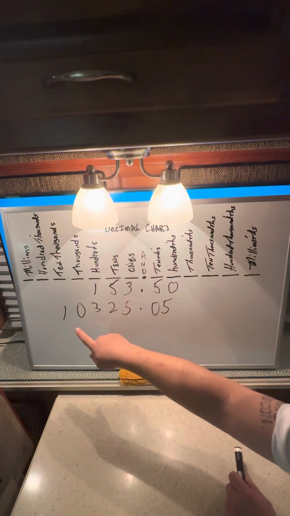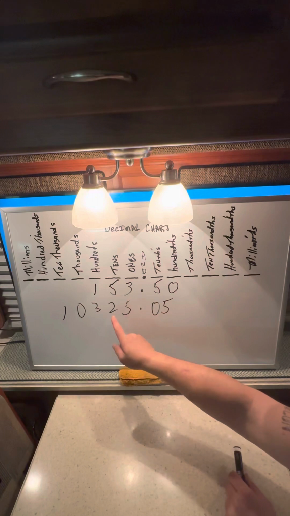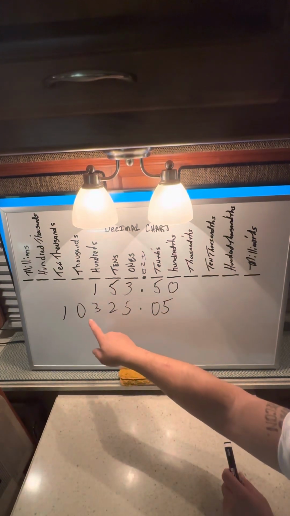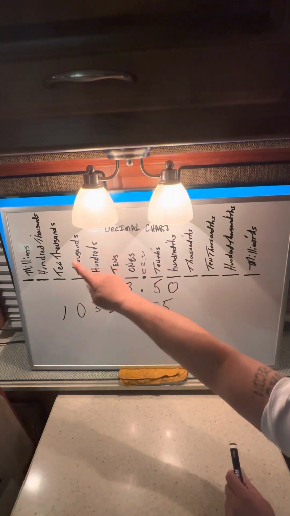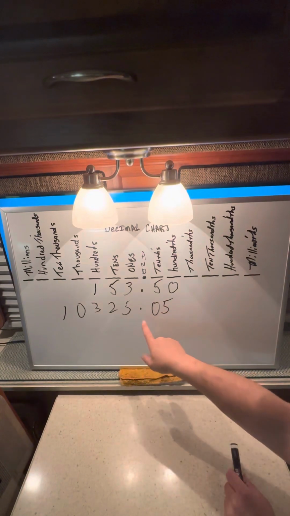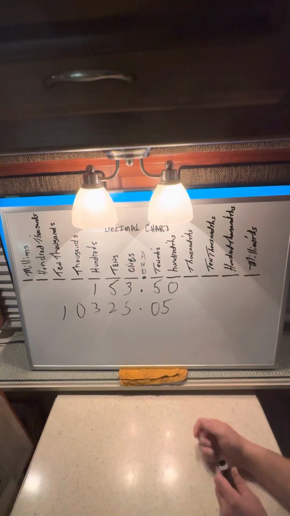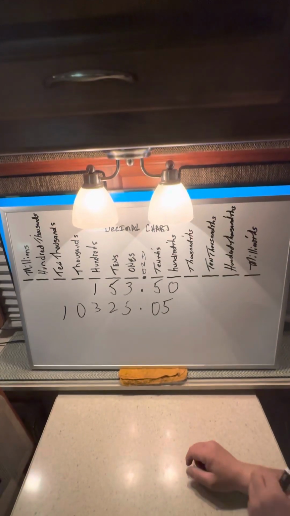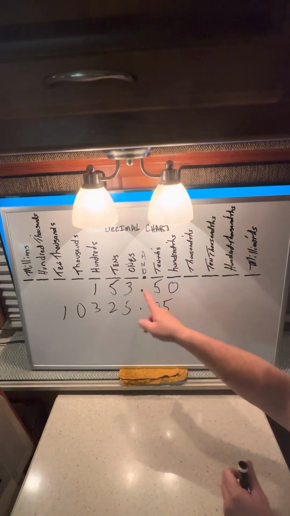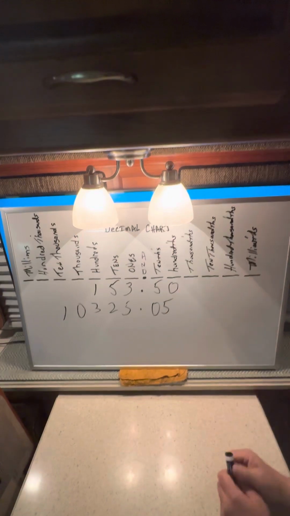We got 10,325 and 5 cents. 10,325 or 5/100ths, if you want to say it mathematically correct. Make sense? Decimal point is what separates whole from less than one.